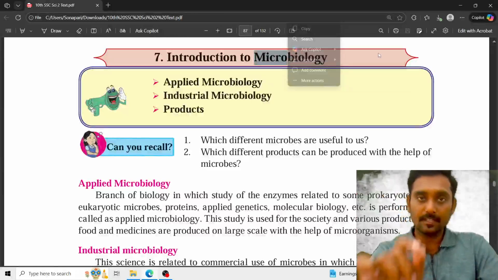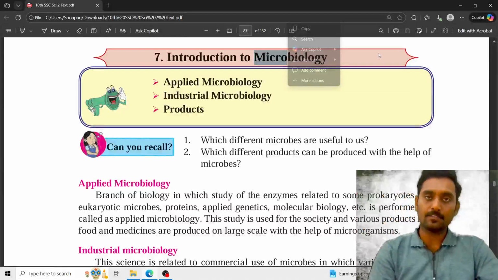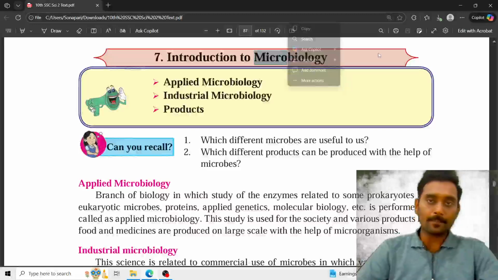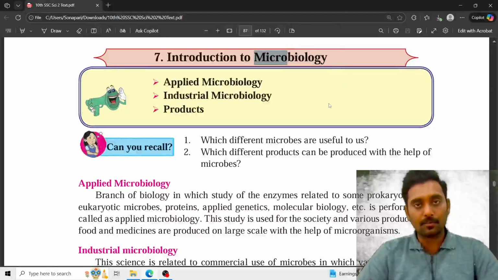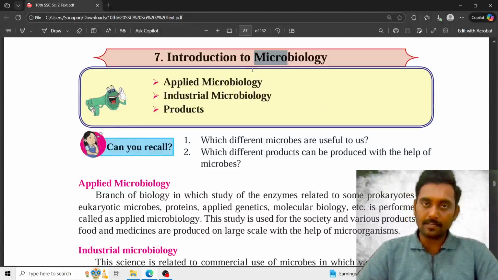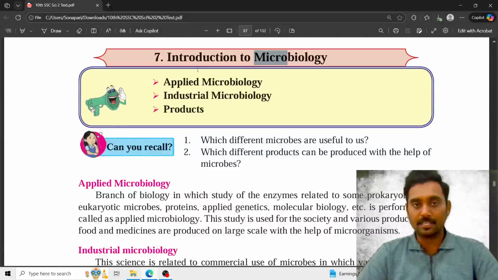In industry we use some microbes in a large proportion to make curd, cheese, or any dairy product. That kind of study we will study in today's chapter.